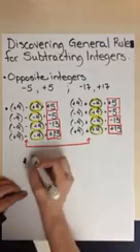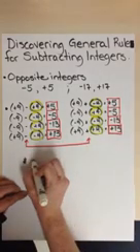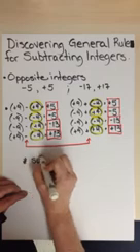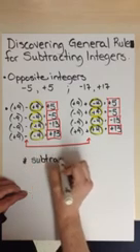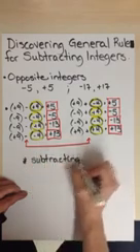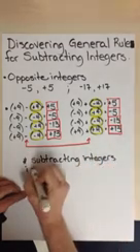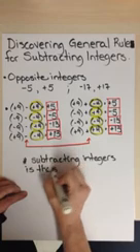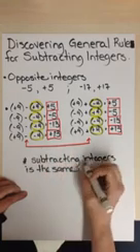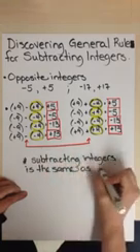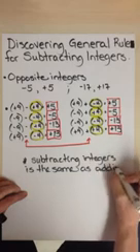So the big general rule is that subtracting integers is the same as adding the opposite integer.